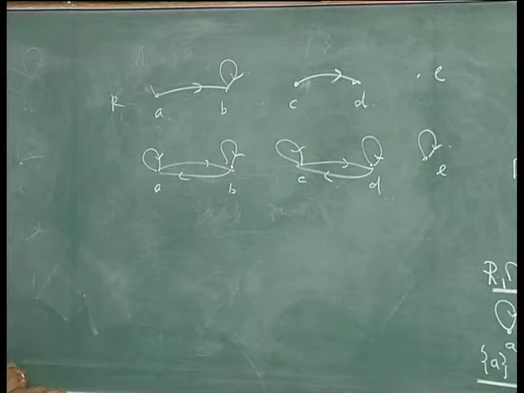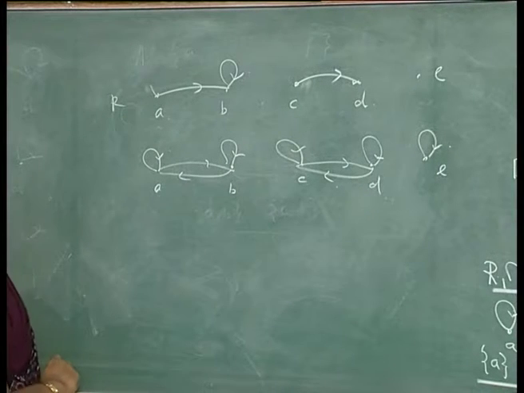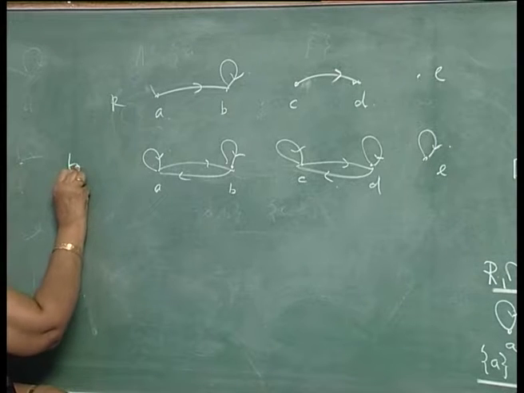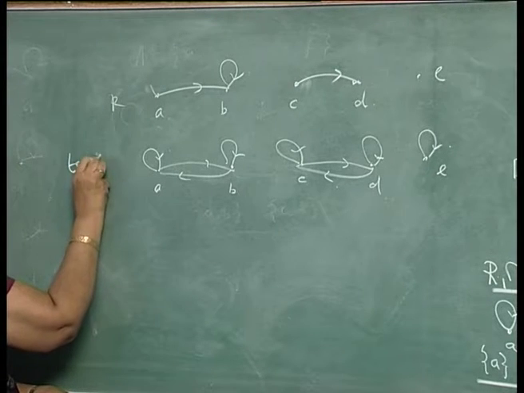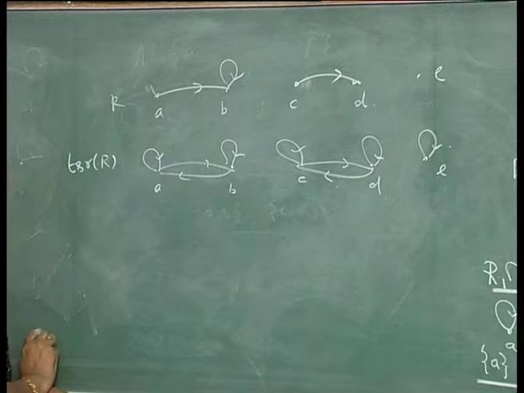Suppose I have a relation R on a set with 5 elements like this, then when I take the transitive symmetric reflexive closure of R, I get this.